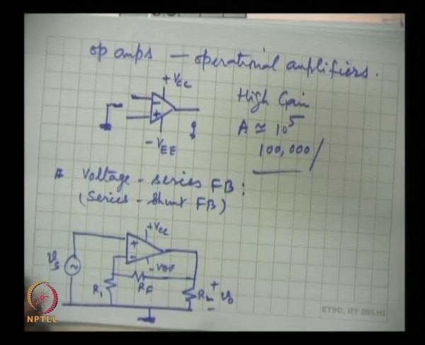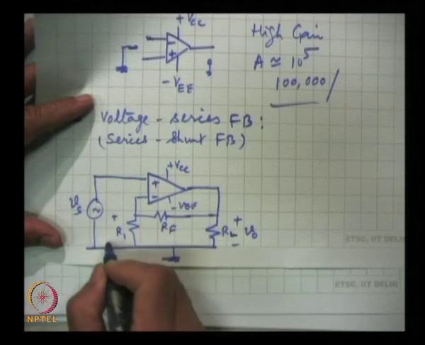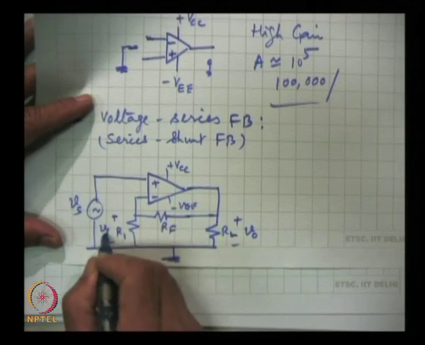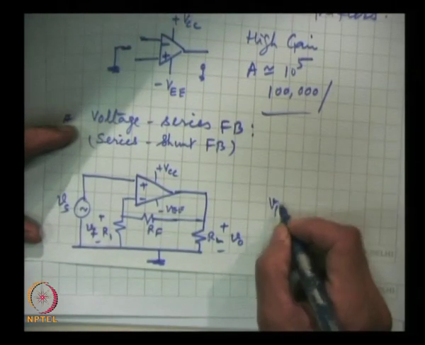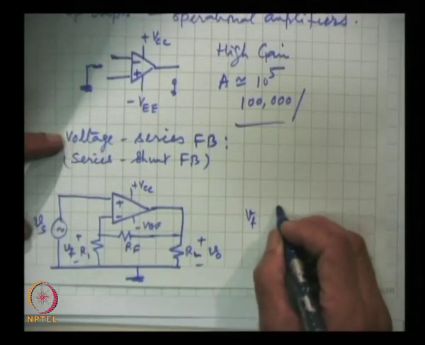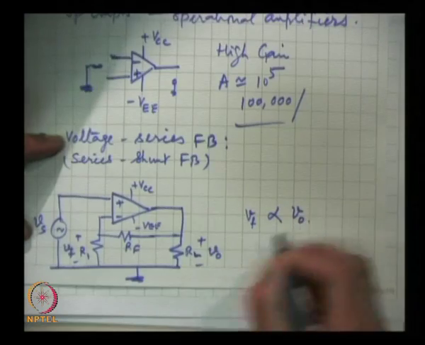That is the feedback connection, and here the voltage which we are feeding back is proportional to V0. This is the voltage developed, here is Vf, and Vf varies in proportion to V0.